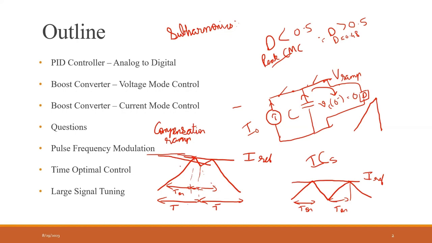Yes, sir. Last class you explained that the peak current sensing is done on the top side switch, and the valley current sensing is done on the bottom side switch. From your explanation, what I understood is the peak current is flowing when the ramp is increasing.